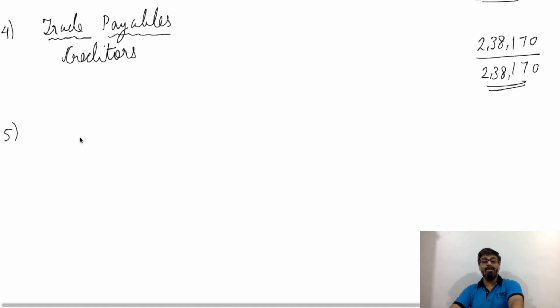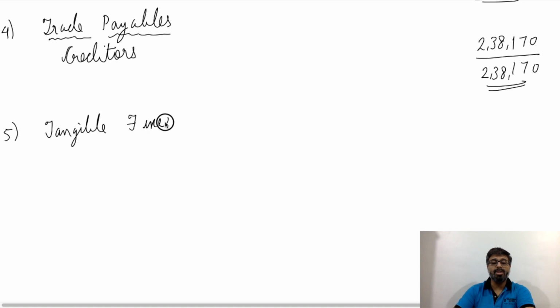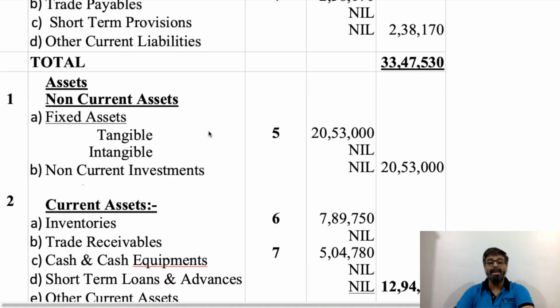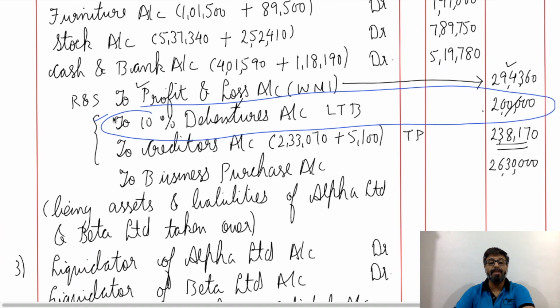Now on the asset side, the very first heading was non-current assets. In non-current assets, we had fixed assets. In fixed assets, we had tangible fixed assets. So the next note will be tangible fixed assets. What all will come in tangible fixed assets? Same from the second entry.